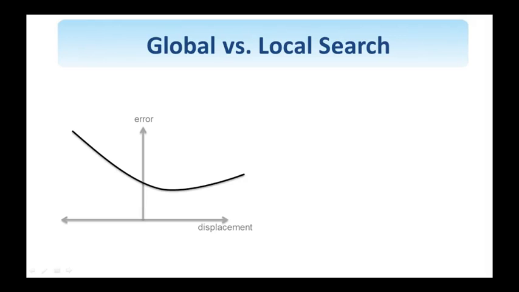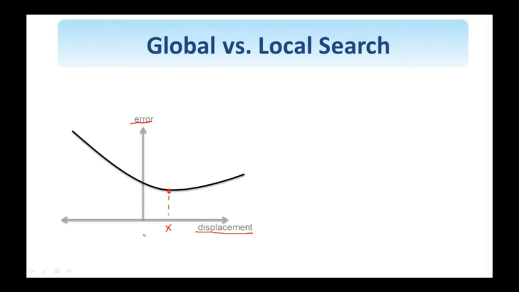So we show here the matching error as a one-dimensional function of the displacement. And we depict here a convex function. It has a global minimum at this point, and again this 2D logarithmic search would attain this point shown here.